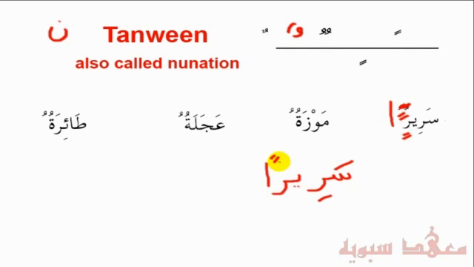There's an exception. For example, the ta marbuta. See these three words, they all end in a ta marbuta, the closed ta. So this is a ta, but it's a closed ta, as opposed to the open ta. When a word ends with ta marbuta, even when it gets two fathas, it doesn't have an alif.